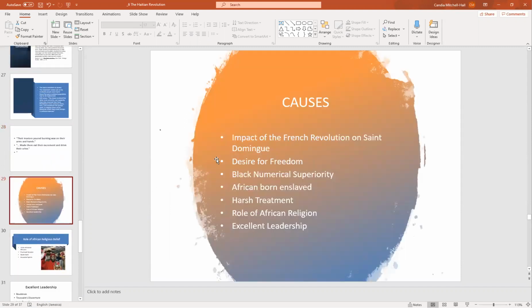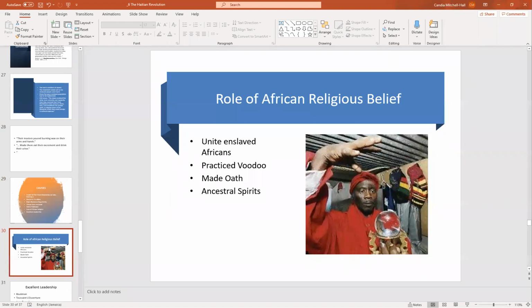So if we look at the causes: the impact of the French Revolution, the desire for freedom, their numerical superiority, African-born enslaved, the harsh treatments they went through, and the next one is the role of their religion. Voodoo unites them together as African people. They made oaths and believed that the ancestral spirits would assist them in overthrowing the whites. So the role of their religion was also a cause.